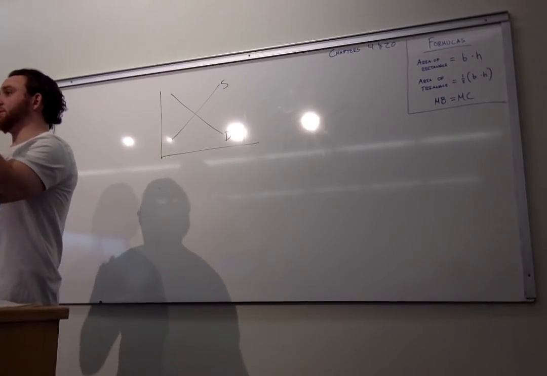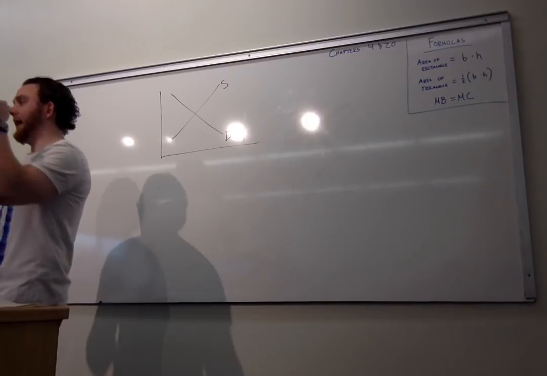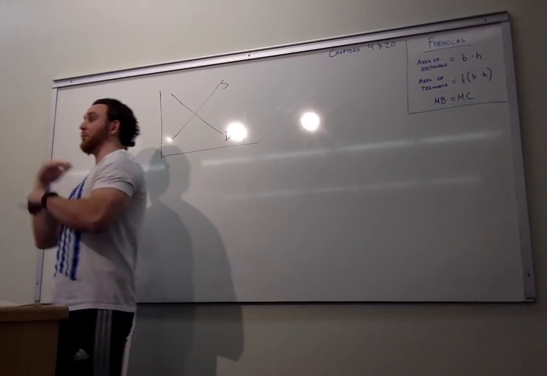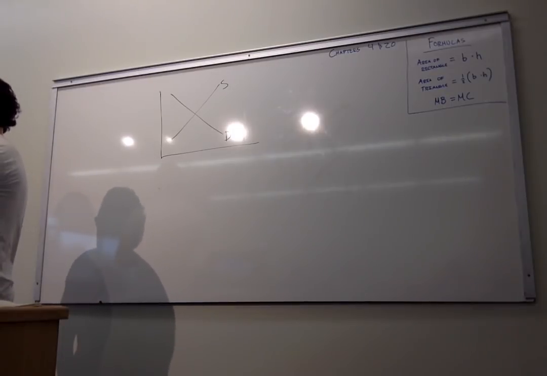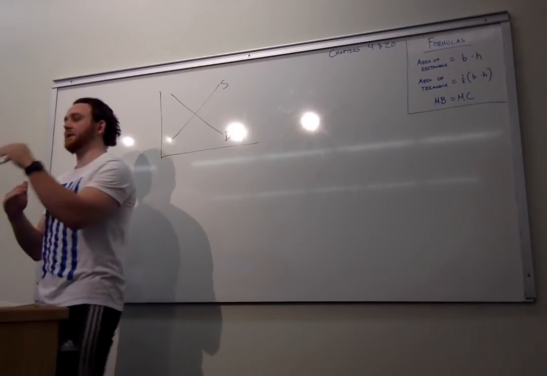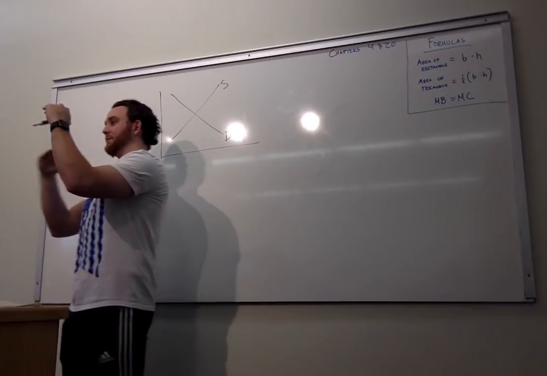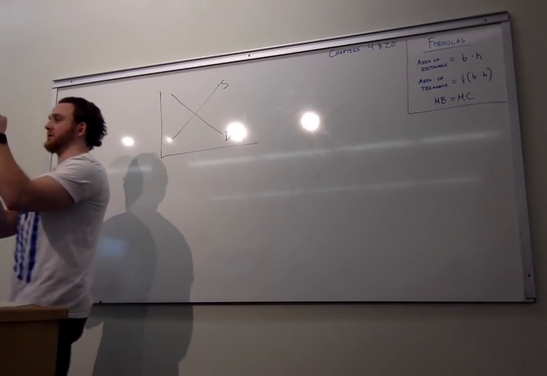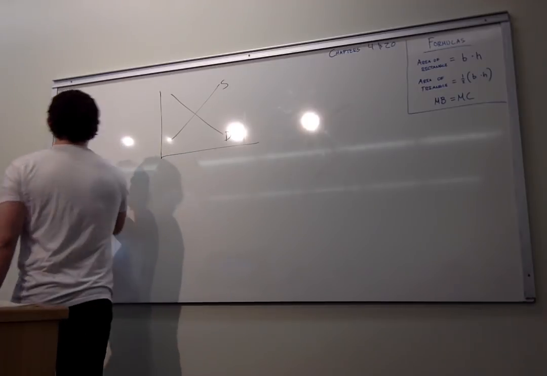So if the cost is equal to that or less than that, then I'll buy that iPhone, right? Because that means that I'm getting more out of it than the money I'm giving out for it. Does that make sense? So then whatever gap there is between the cost and the benefit, that would be my consumer surplus.